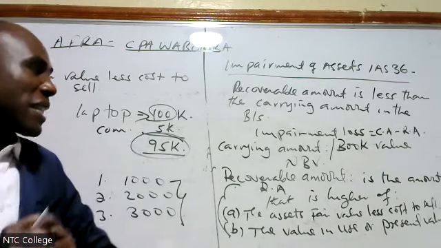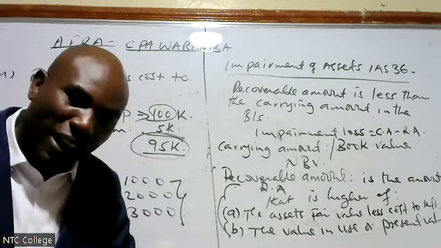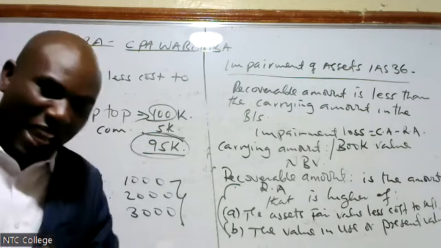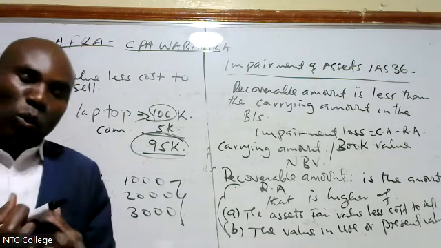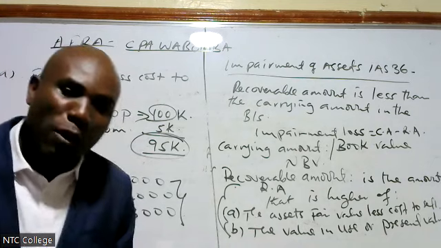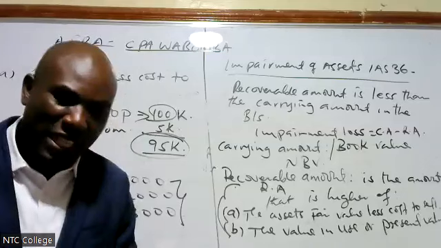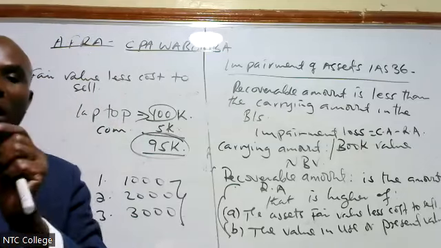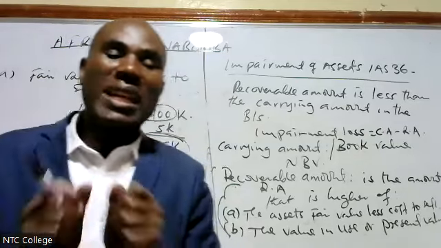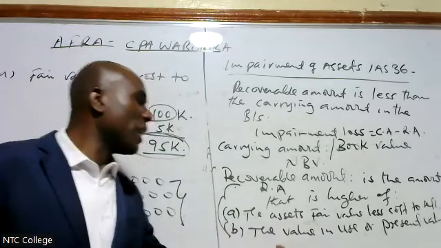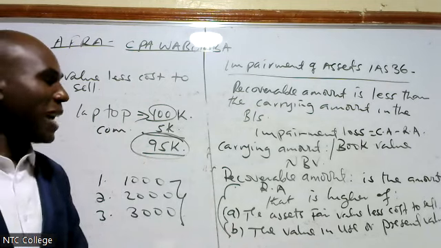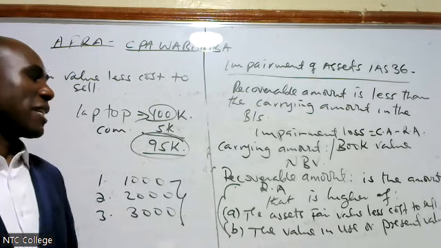When you say present value, it is the exact value of the asset as at now. And the value in use means the value that is available to use in that asset. Like, for example, today, our laptop here, how much cash is available in it. Therefore, the value in use means how much is available in that asset.